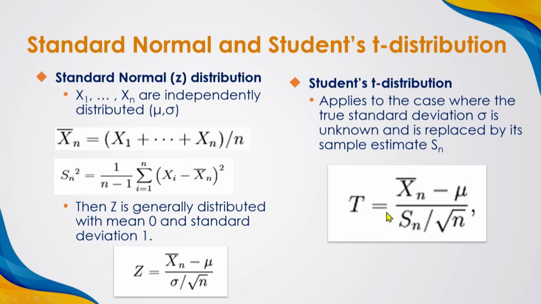However, on the right hand side, this sigma is unknown in the case of Student's t distribution. This is the basic difference between the previous normal distribution and the current t distribution. So, we can understand the standard normal distribution and Student's t distribution are more or less the same.